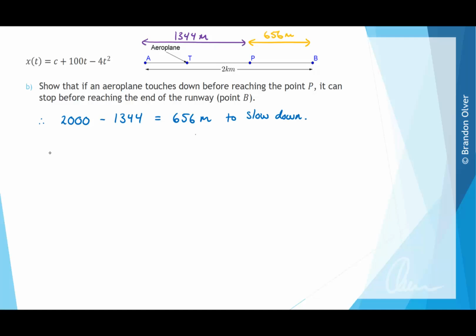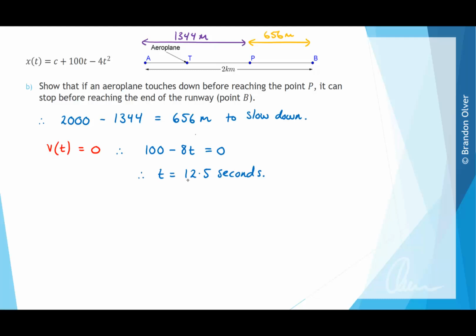In order for the plane to slow down until it stops, we need the velocity function v of t to equal 0. So that means that it will have 0 velocity, which means it will be stationary. For this particular question, the equation of the velocity function is going to be 100 minus 8t, and we want that to equal 0. And when we solve that, we find that t is equal to 12.5 seconds.